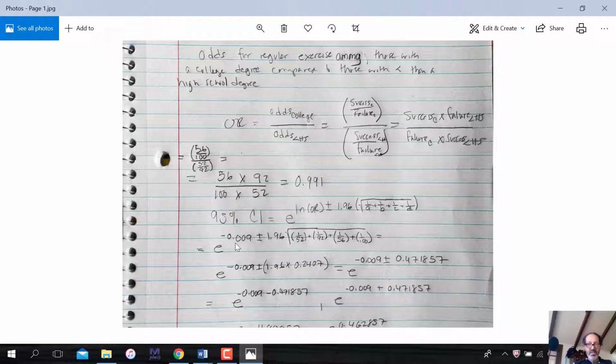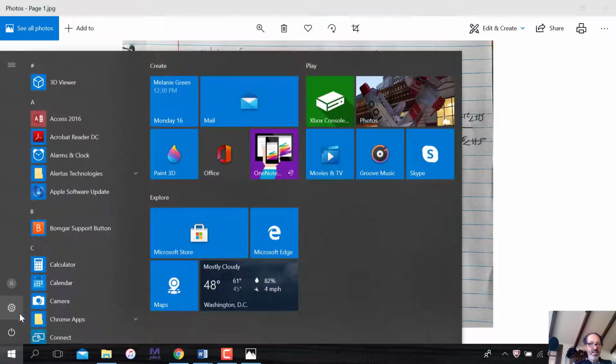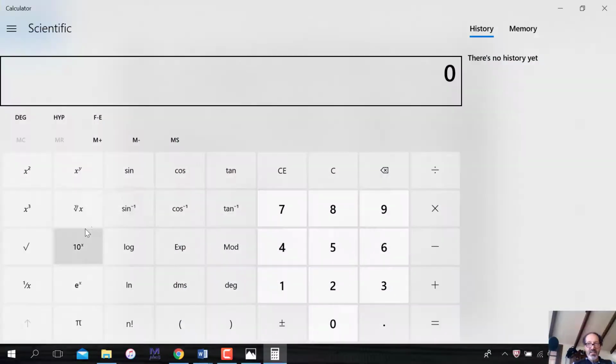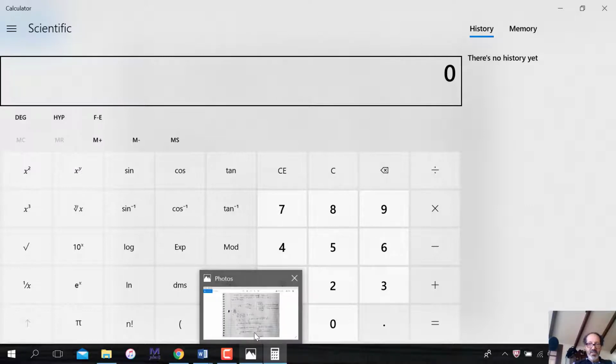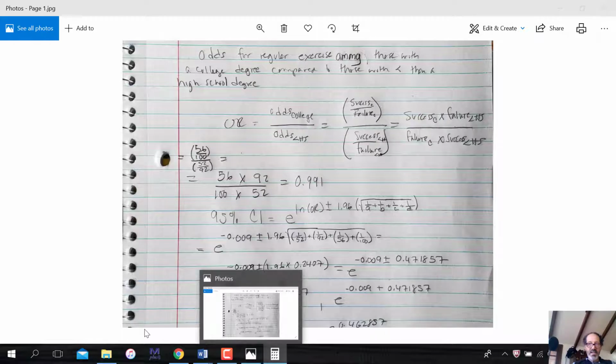All right, so I go ahead and get the natural log of the odds ratio. If you're having a hard time understanding what that is, in a scientific calculator, ln is the natural log, right? So let me take a quick look at this again. What our value was, it was 0.991.